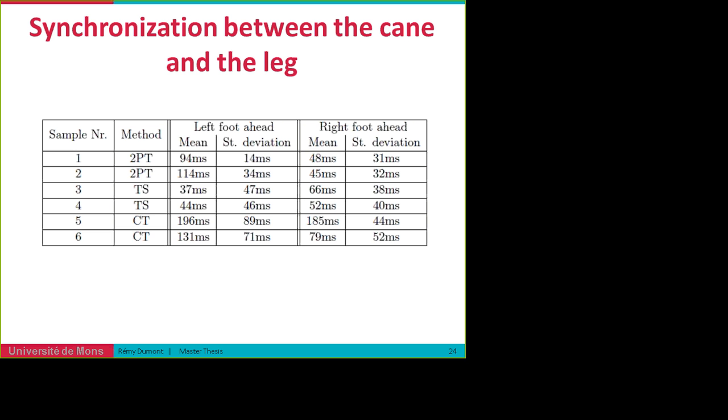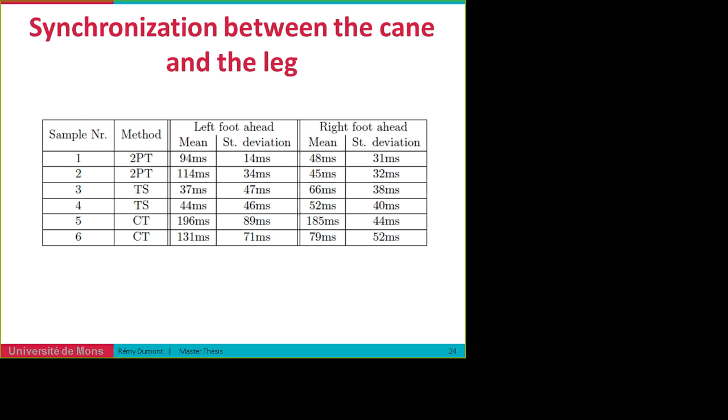This time difference was computed for the cane instructor from the association, and as you can see, the time difference is very short, about 100 milliseconds. So that means that these 2 points are well correlated and that the technique is used properly.